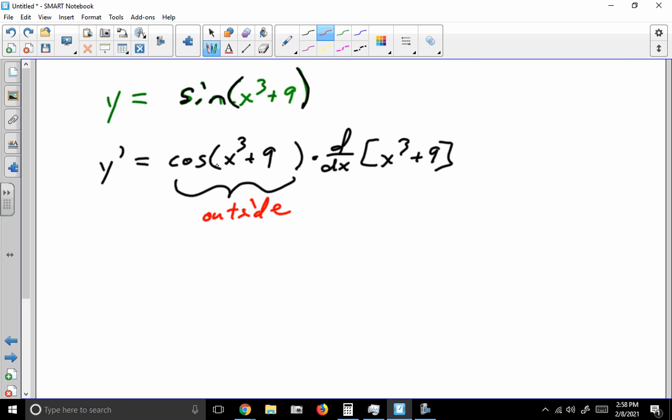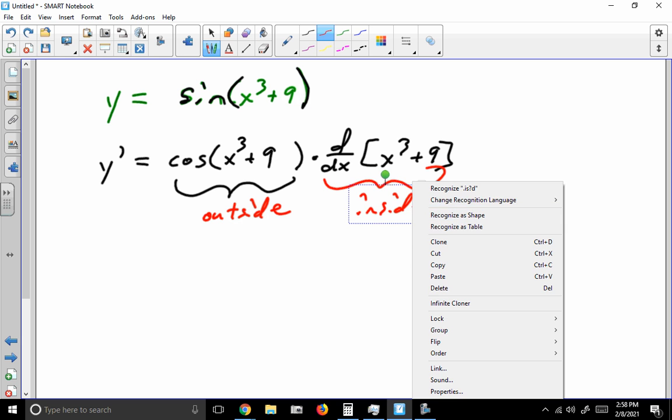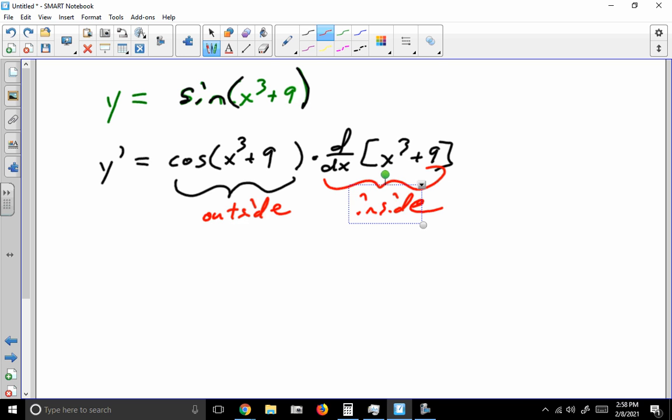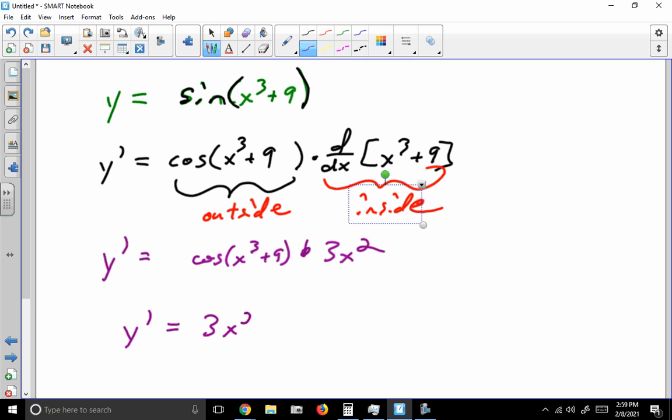The input stays inside there. And then we need the derivative of the inside. So that's cosine of x cubed plus 9. And when we take the derivative of the inside piece, we get 3x to the second.